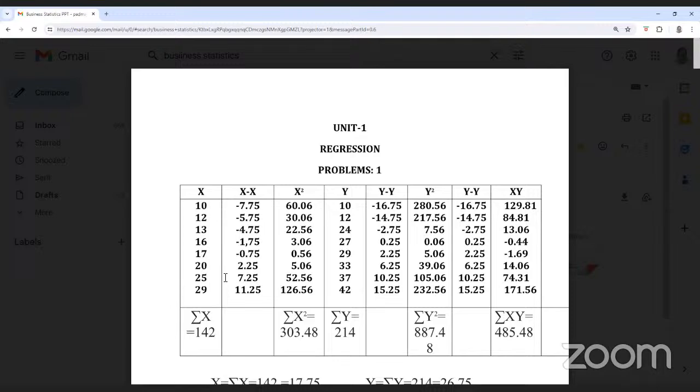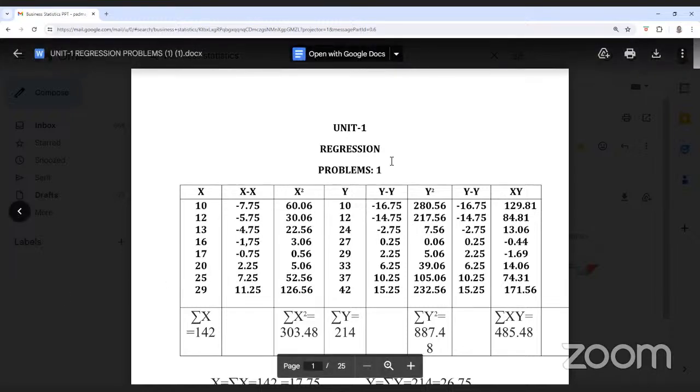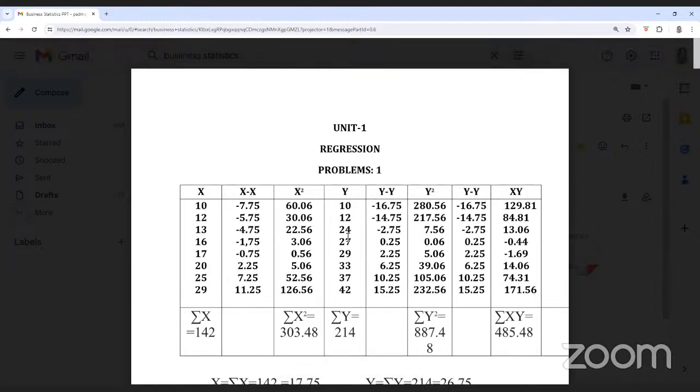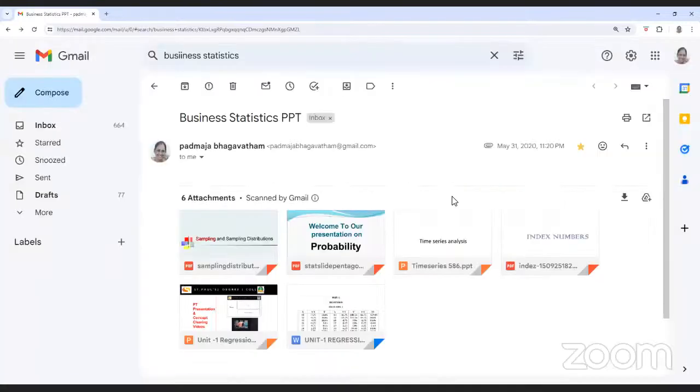First write X, after that draw two lines and write Y. After that write X and X square.